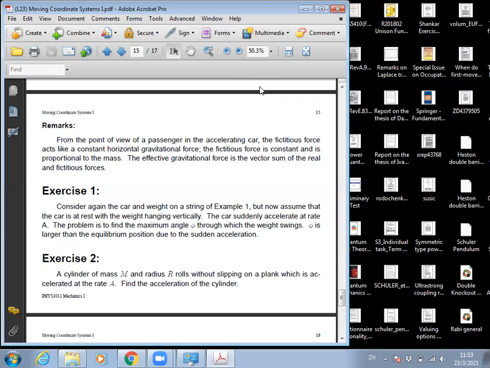Now, what is the first step in analyzing this problem? What will you do when you see this question in the final exam? Draw a diagram, okay? So draw the force diagram. Now, which frame are you going to use?